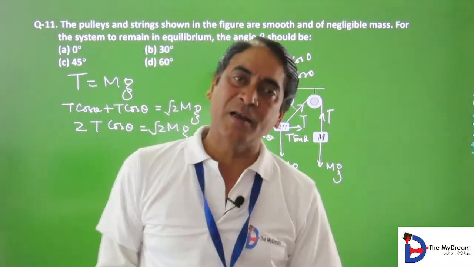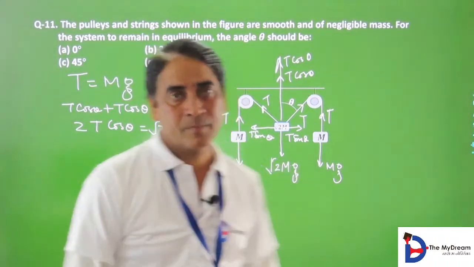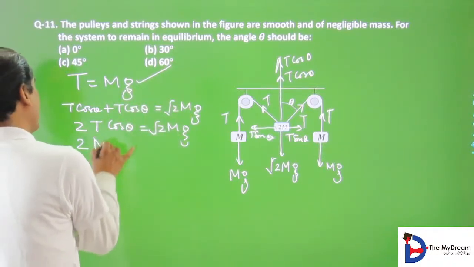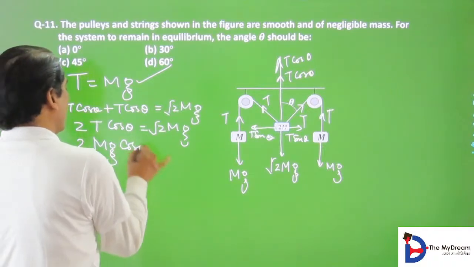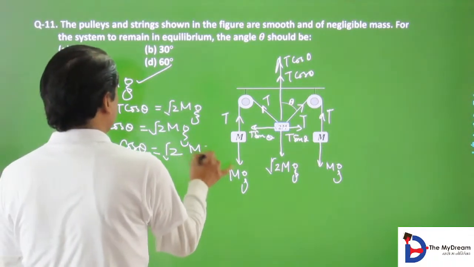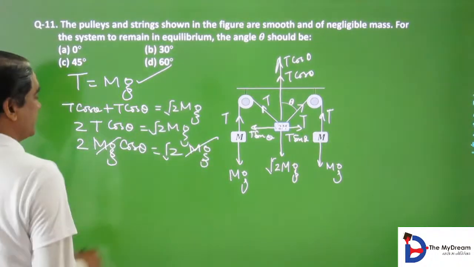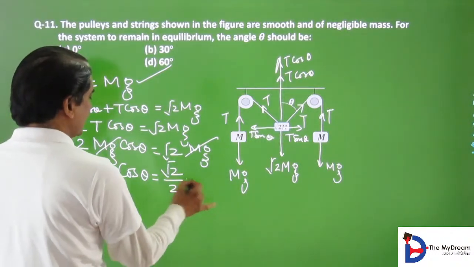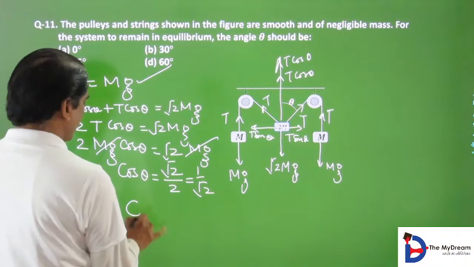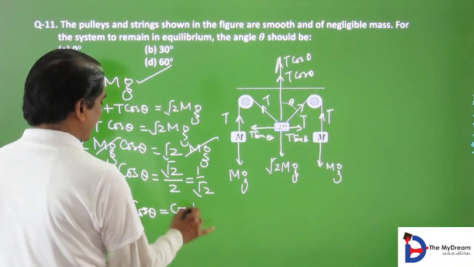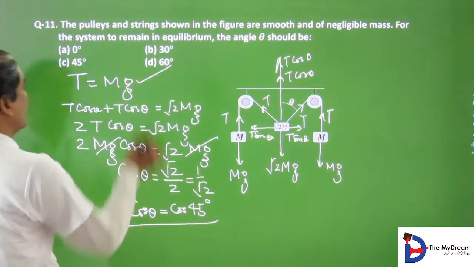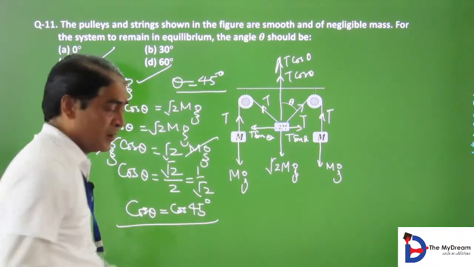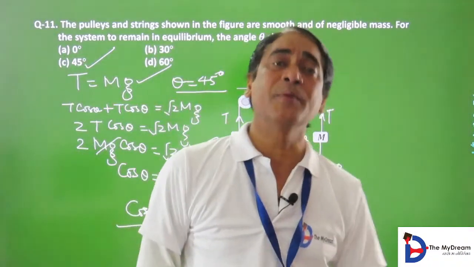Twice T cos theta equals under root twice mg. And the value of T, you know, is mg. So cos theta equals root 2 over 2, which is cos 45 degrees. So theta is 45 degrees. At that time the system is in equilibrium.